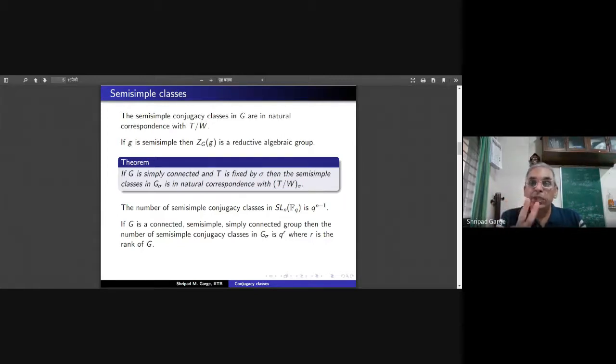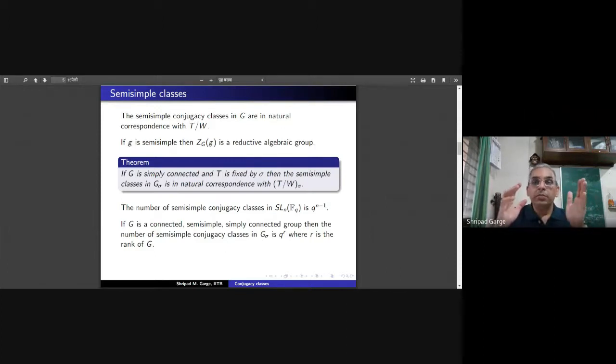So there are two things that are happening here. Number one is that we have a class in G which is semi-simple, and as a class this is fixed. We are looking at sigma being the endomorphism of the linear algebraic group G. It will act on subsets of G, and we are looking at classes. So one class may be sent to another class, or a class may be invariant under the action of sigma.